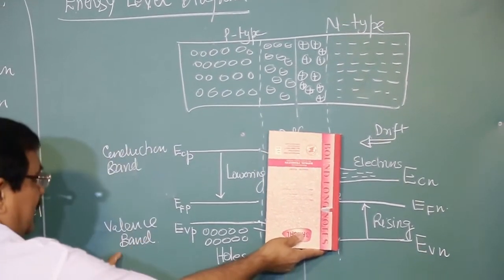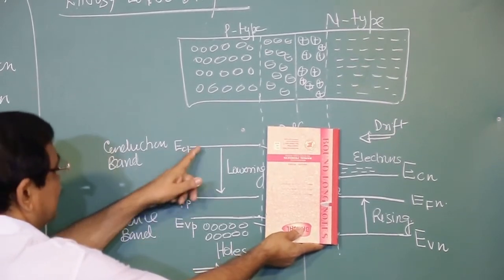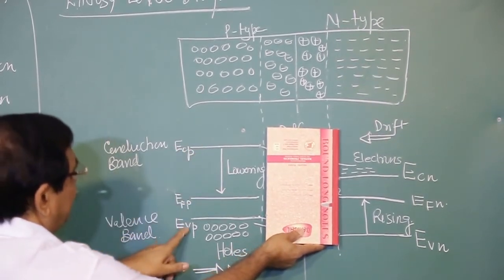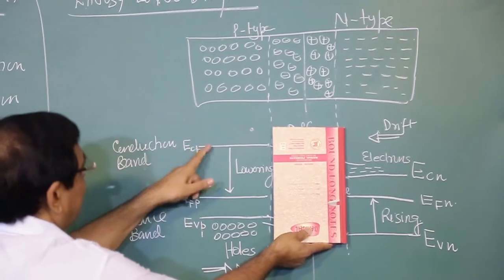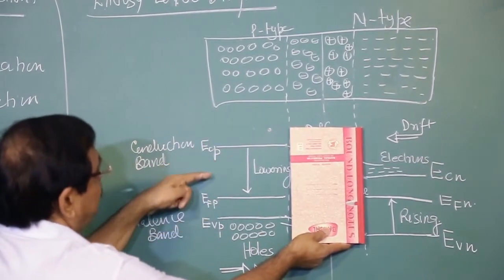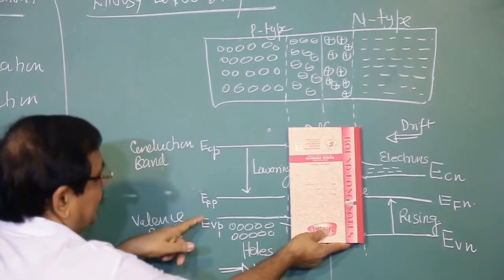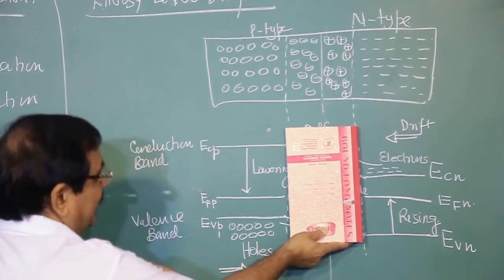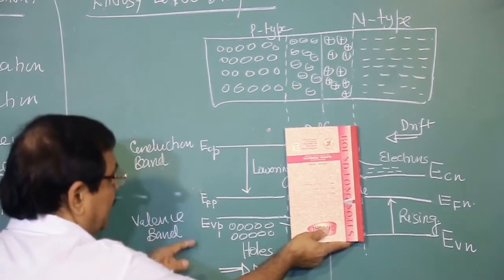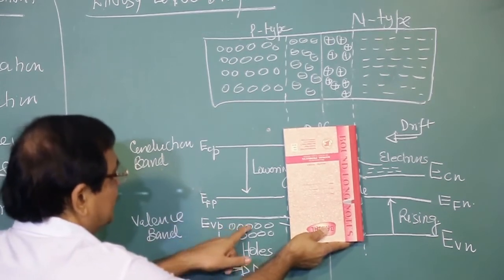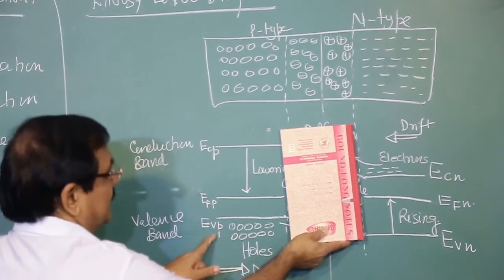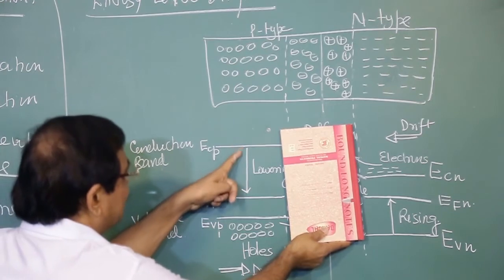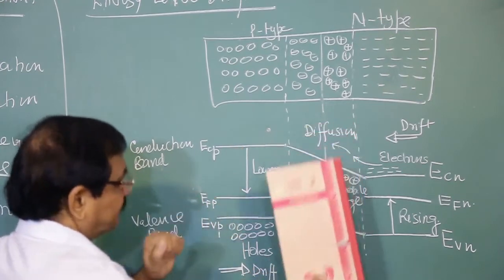This one is the valence band, this one is the conduction band, E V P, E C P, and due to the p type semiconductor being trivalent impurity doped, there is availability of holes in the valence band. So, these are the holes inside the valence band. What happened? There is a lowering of the conduction band.